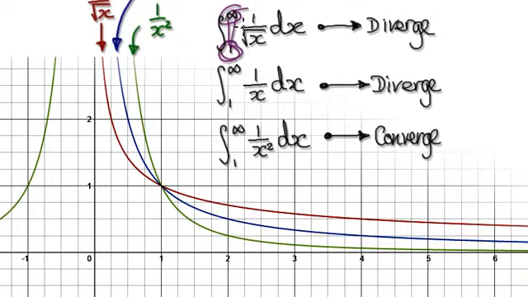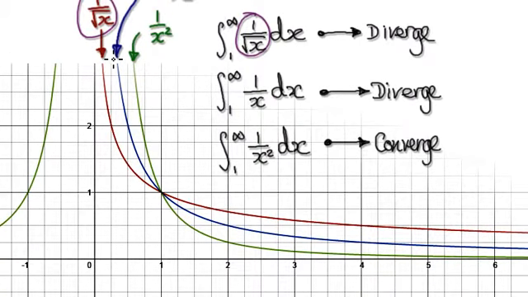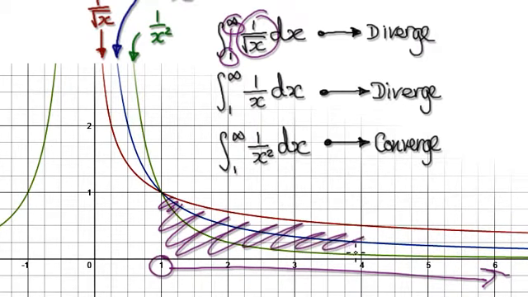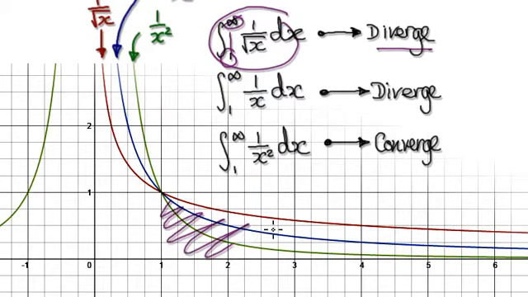If you look at the red line, 1 over the square root of x, if you're trying to work out the area from 1 all the way to infinity of the red line, then the whole thing here will diverge, meaning the area will just get larger and larger and larger.